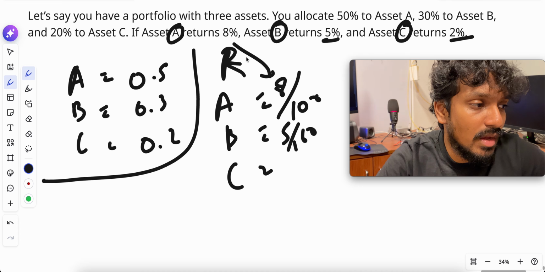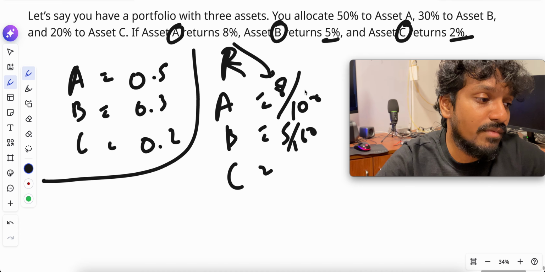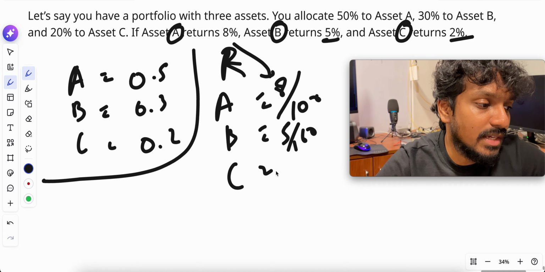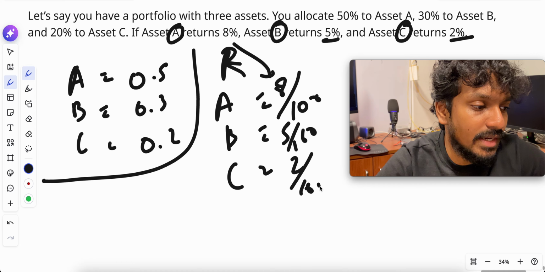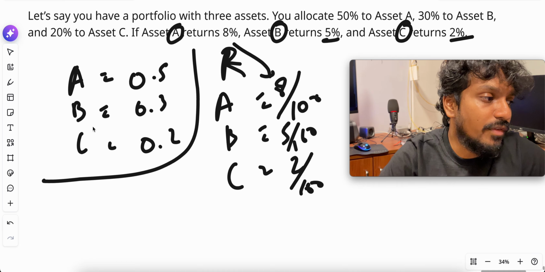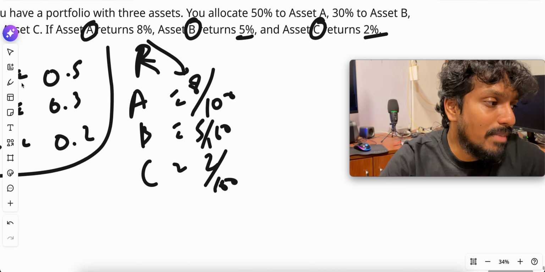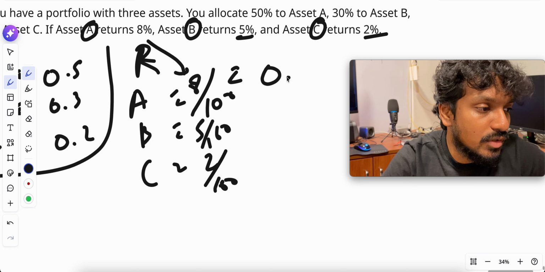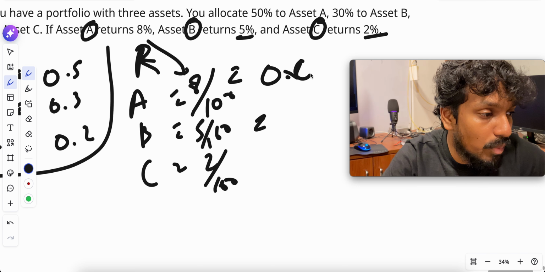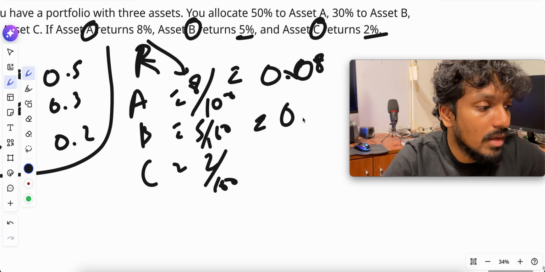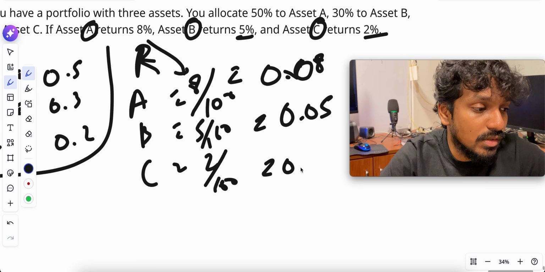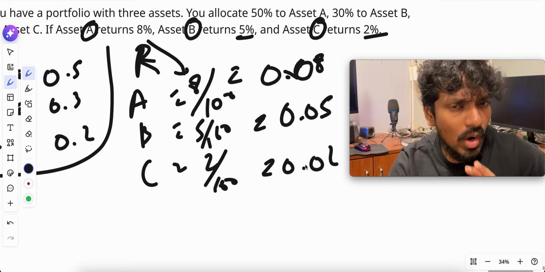See here, asset A has given 8% value, asset B has given 5% value, asset C has given 2% value. So if you divide this, you will get 0.08, 0.05, 0.02. You got it now?